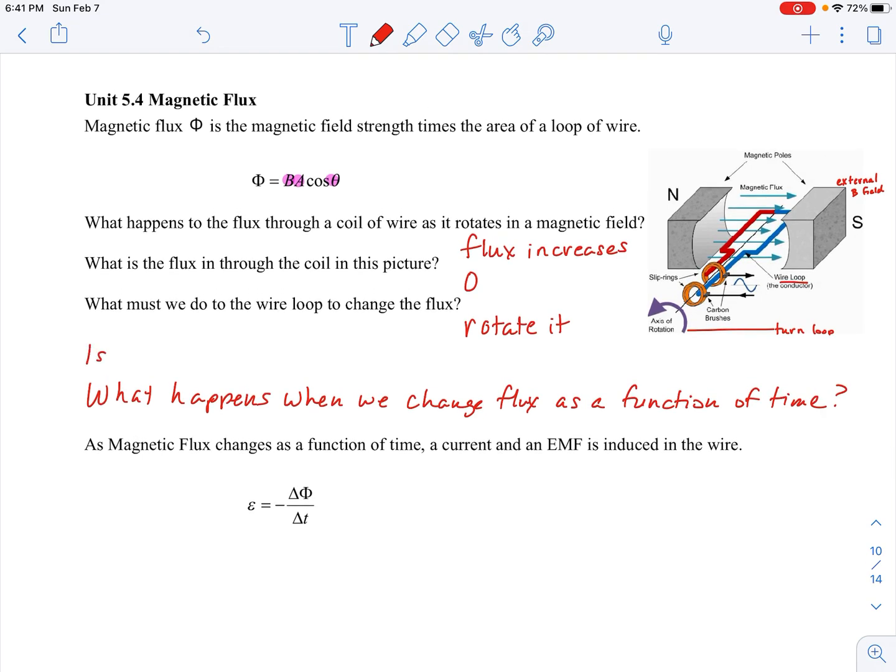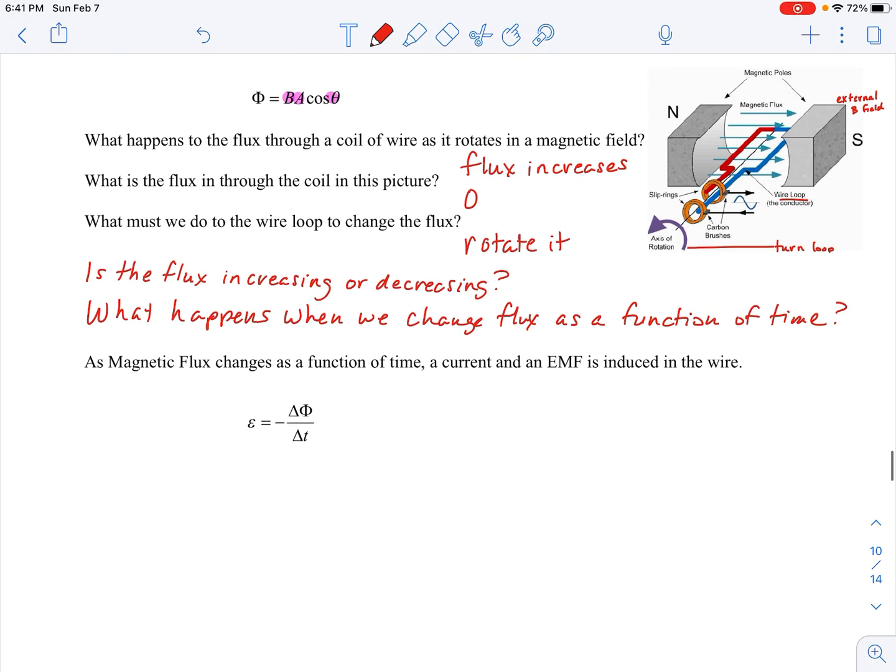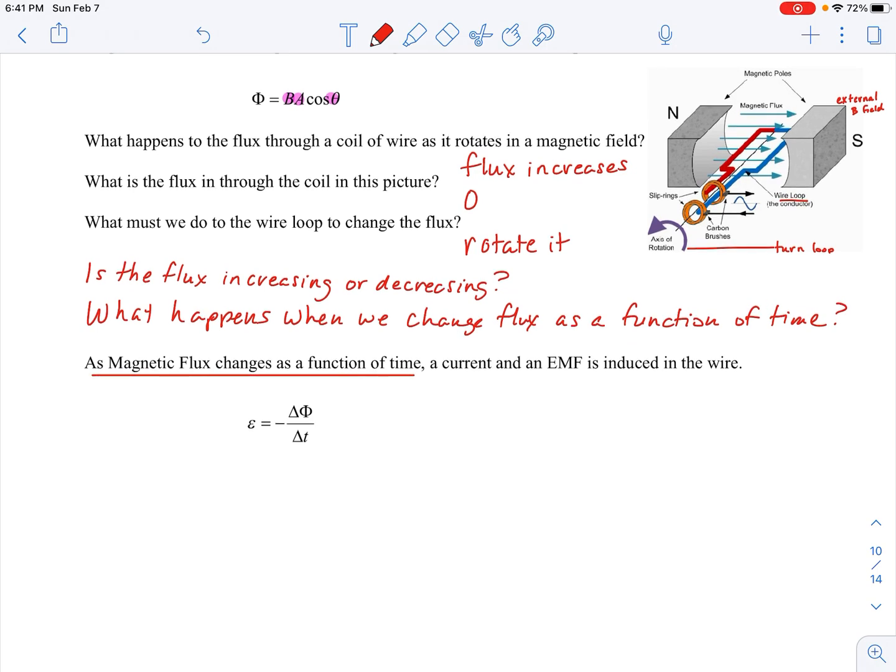And one thing that we always want to keep track of is this question: is the flux increasing or decreasing? Okay, so here's what happens when we change magnetic flux as a function of time.